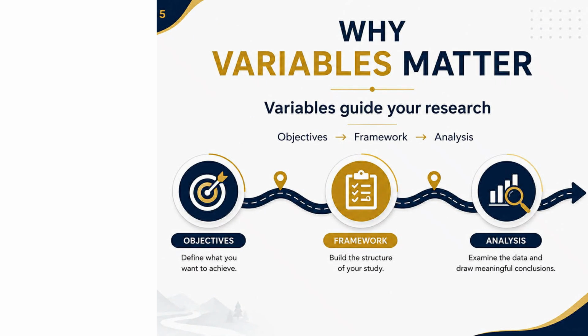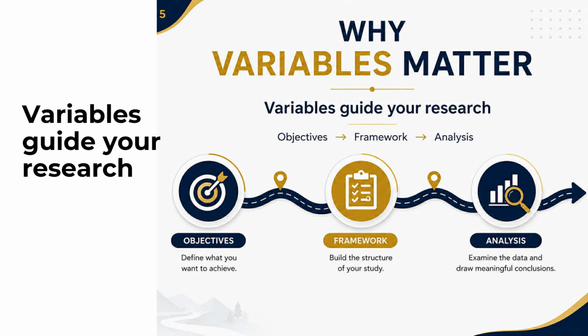Variables are important because they guide your research. They help shape your objectives. They support your framework and they guide your analysis. In simple words, variables give direction to your study.